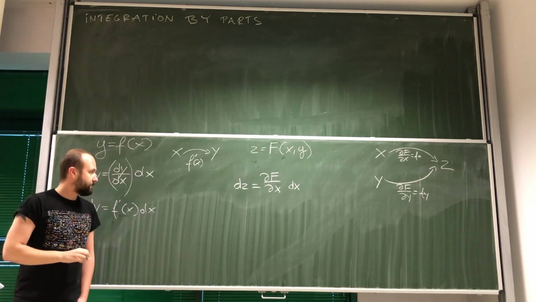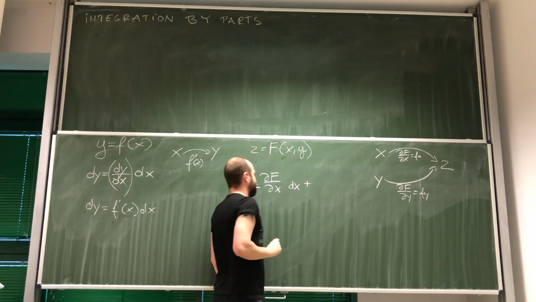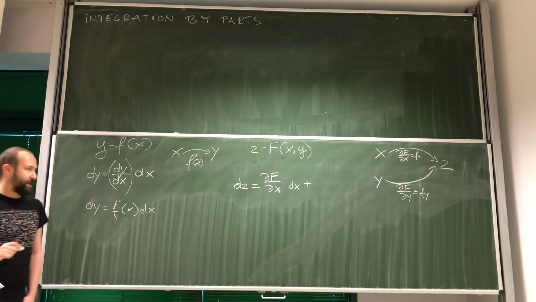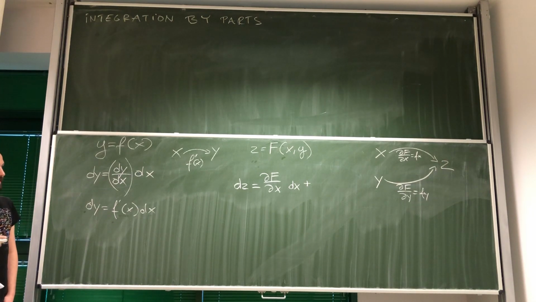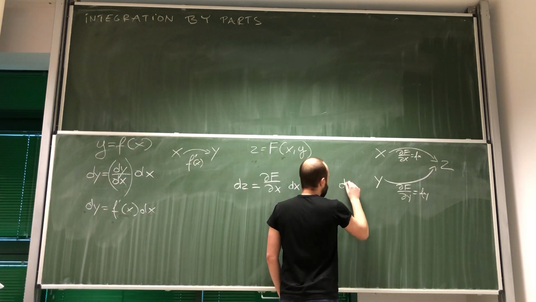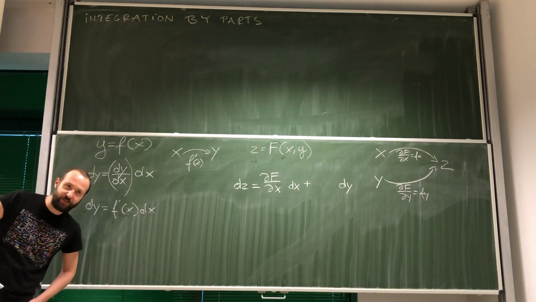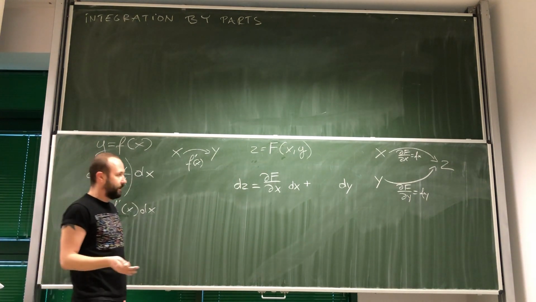Now, but this is not the only source of change. The second source of change we can have over here is change in y. So now we need to take into consideration there is a second possible source of change because both of these variables can actually vary.